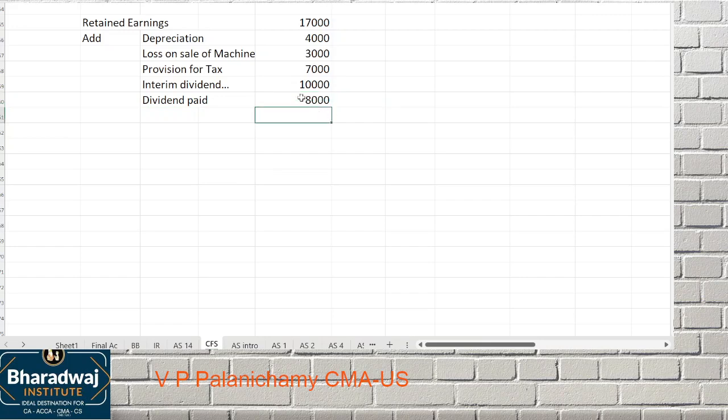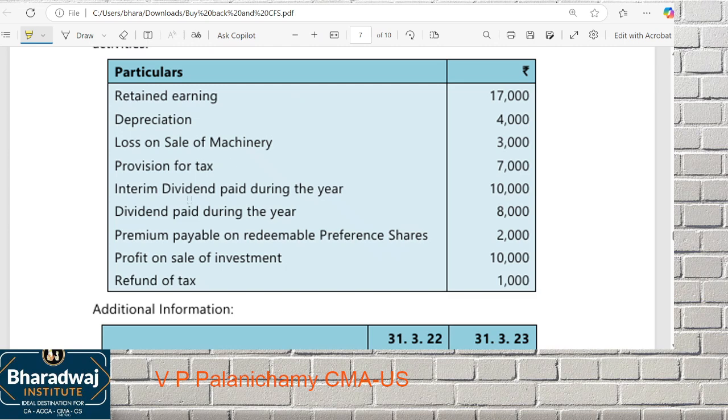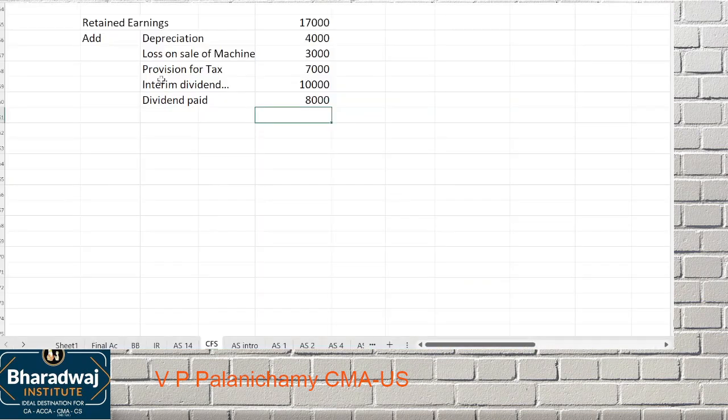How much is declared and paid for the year? 8,000. We'll add it back to CFO. Yes, it is appropriation of profit. Payment will come in which activity? Both this interim dividend paid and dividend paid will come in financing activity, where payment is shown.